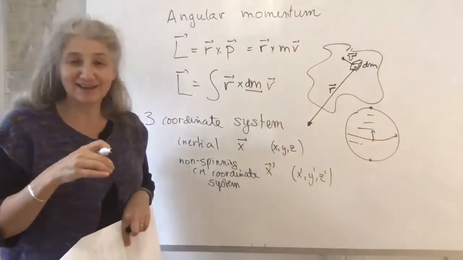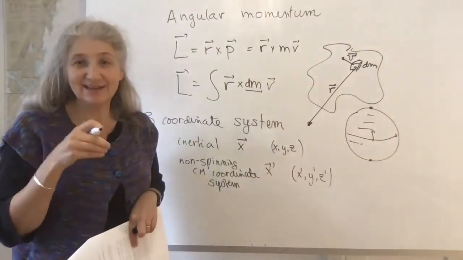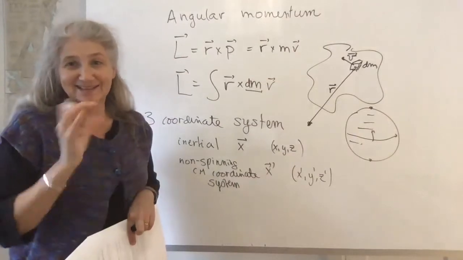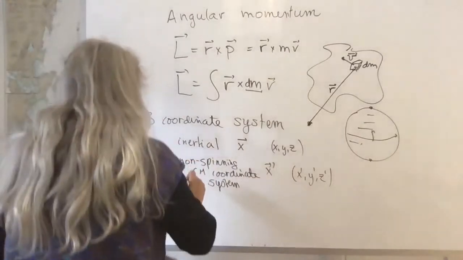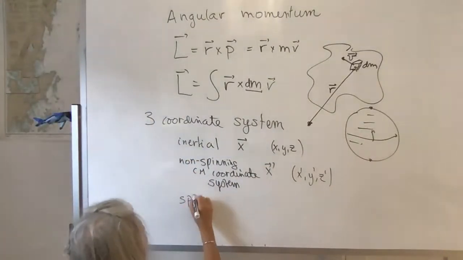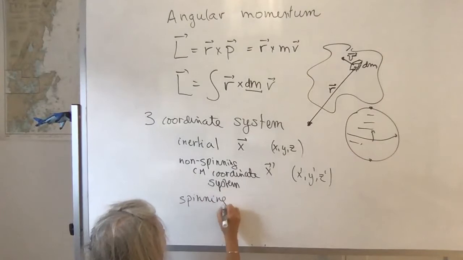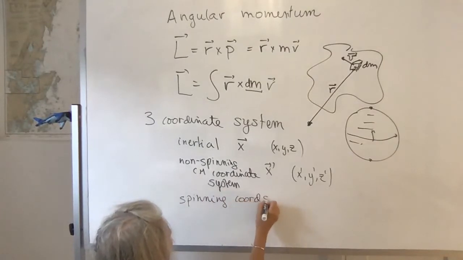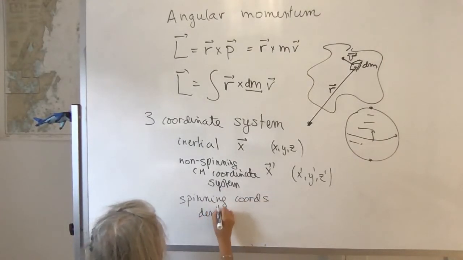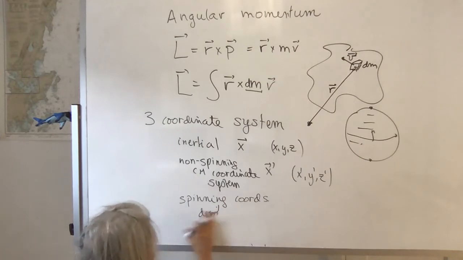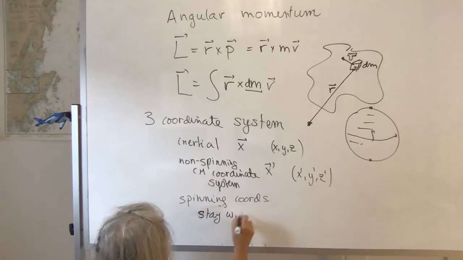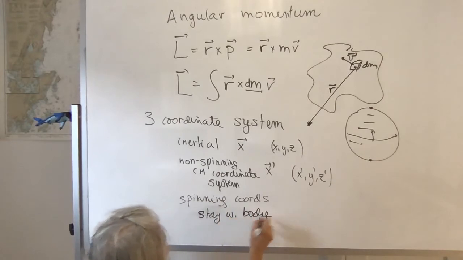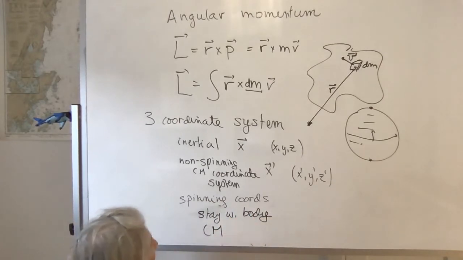So every point on the Earth has this particular coordinate, and the Earth is still spinning, and so those coordinates move with the spinning Earth. And so we're going to have a spinning coordinate system, but the coordinates don't move on the body, they stay with the rotating body. And this is also with respect to the center of mass.